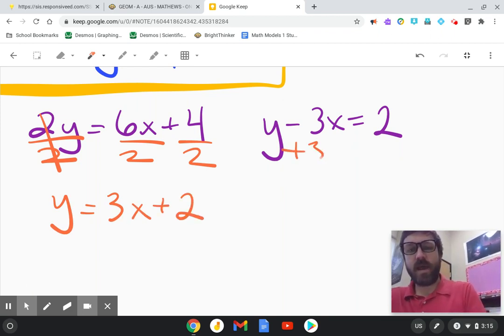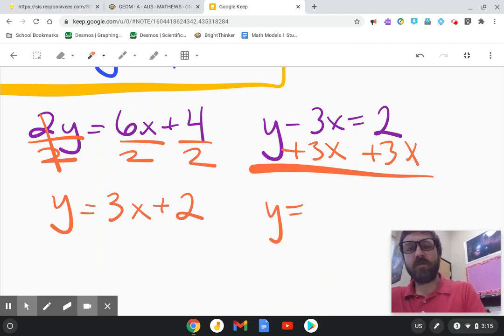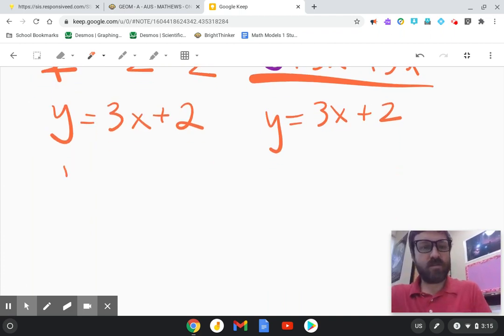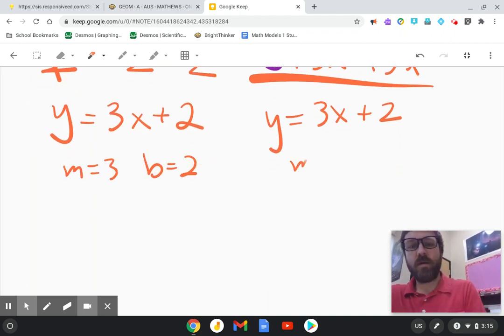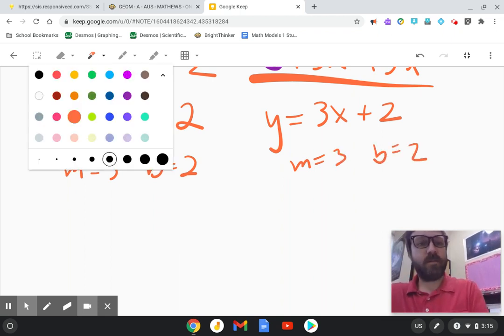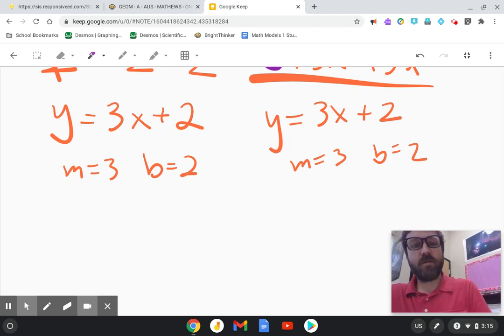And then over here, I need to add 3x to both sides, leaving me with y equals 3x plus 2. I can see I have a slope of 3 and a y-intercept of 2, and then a slope of 3 and a y-intercept of 2. And since it's same on both, so same slope, same y-intercept, these are going to be coincident.